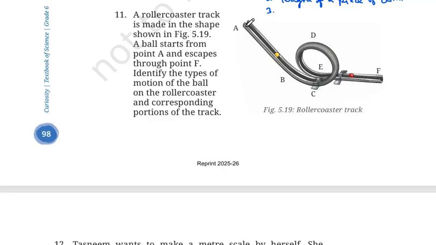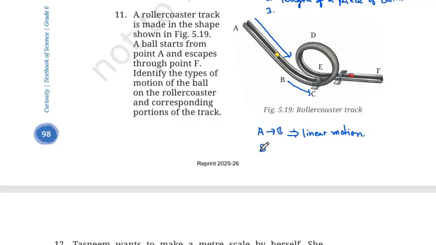Now, if you see, the ball is going from A to B. It is in a straight line from A to B, right? So if it is in a straight line from A to B, it is linear motion. Now, from B to C is, you can see, a bit curved.